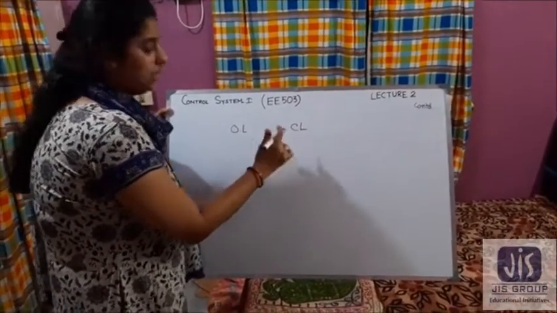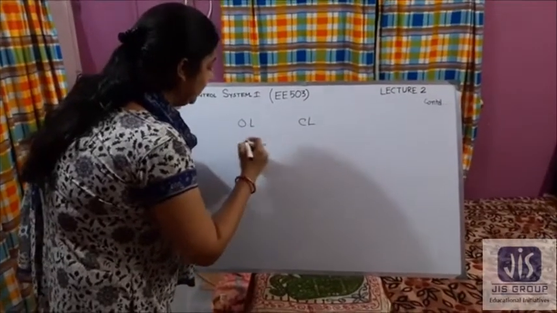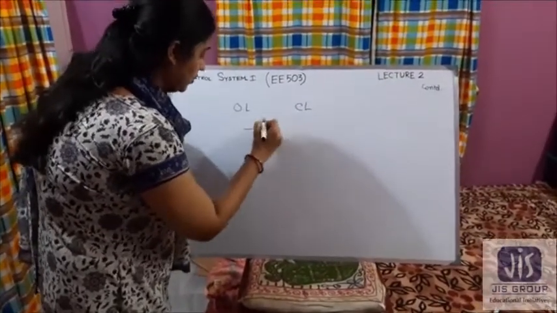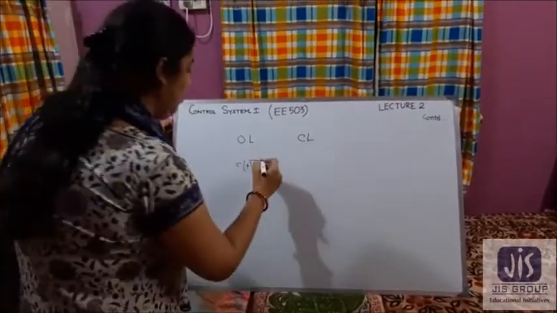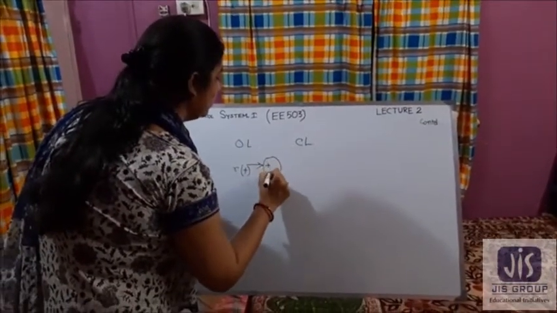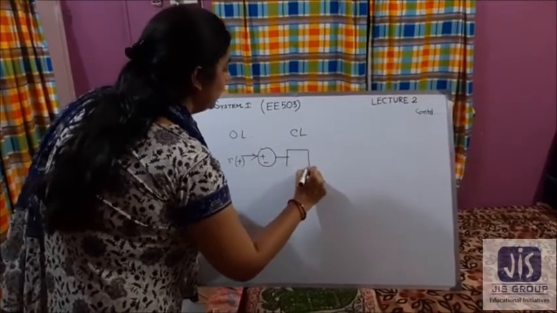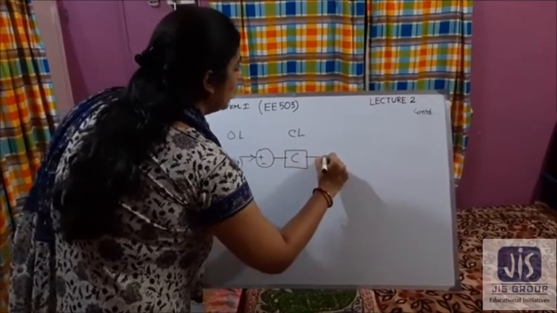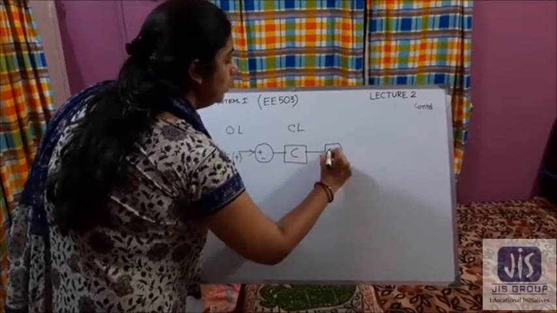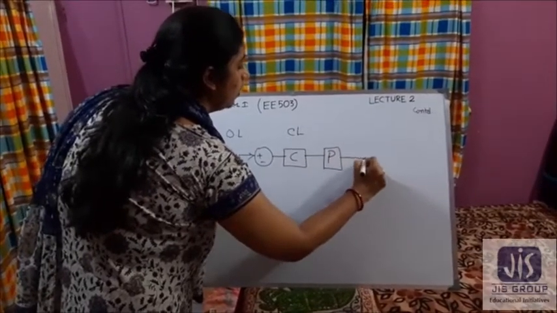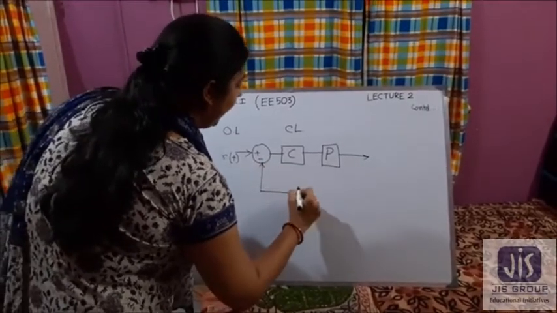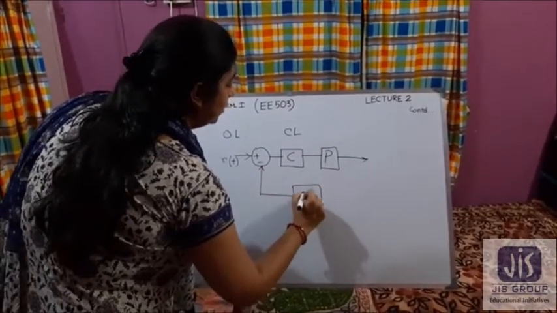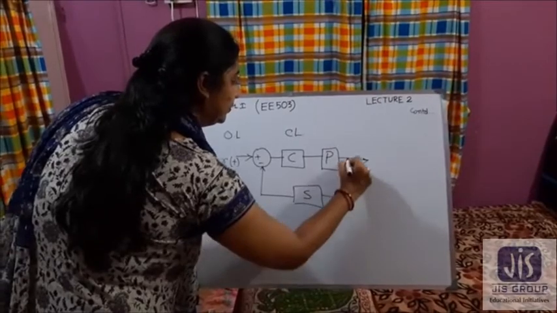So feedback is present in the closed loop system, and the transfer function and the closed loop system representation is this: this is the reference input, and this reference input is fed to the controller. The output of the controller goes to the process of the system or plant, and the feedback is measured by the sensor.